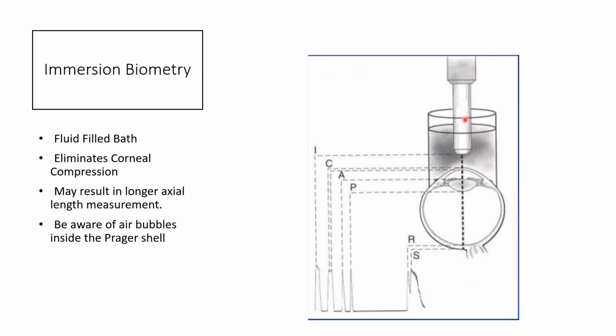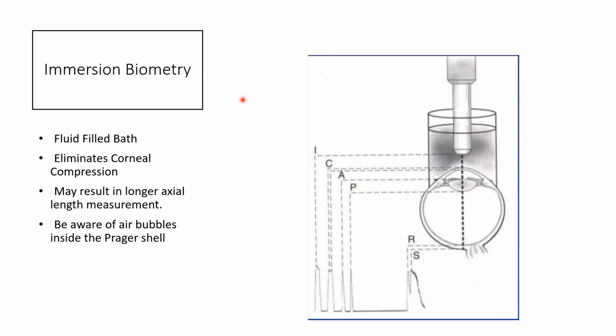When you measure the axial length with immersion biometry, there's every chance that you will see both sides of the cornea, the anterior as well as the posterior cornea. But when you measure it with applanation A scan, that is, with contact ultrasound, you will see only one corneal spike.